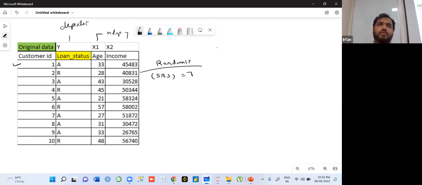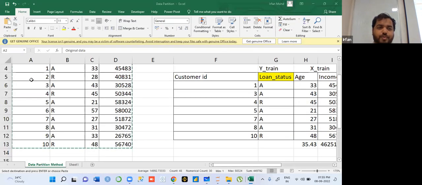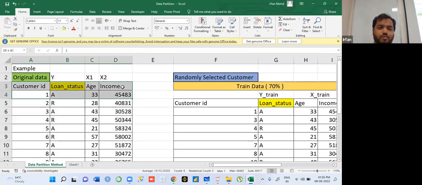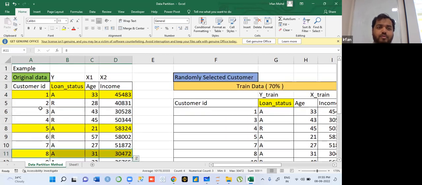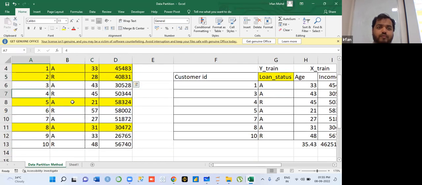1. Let me do a color for you. So you're picking 1, 5, 8, 2, 4, 1 more.